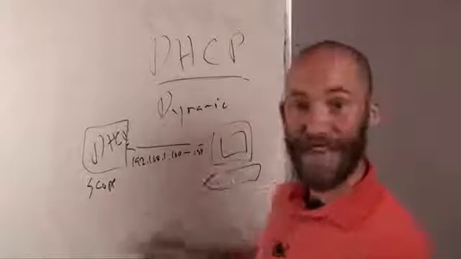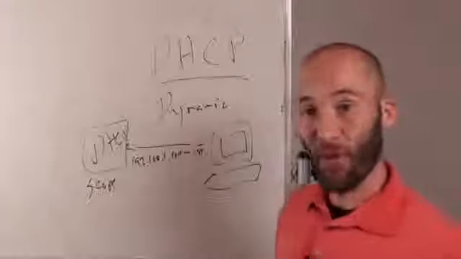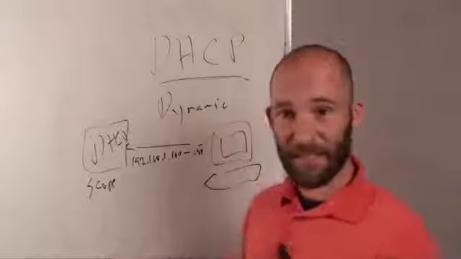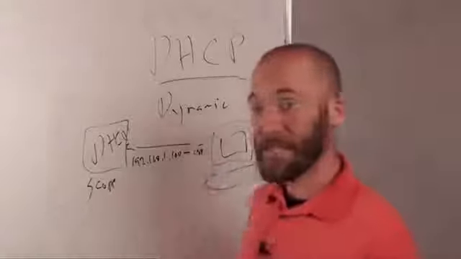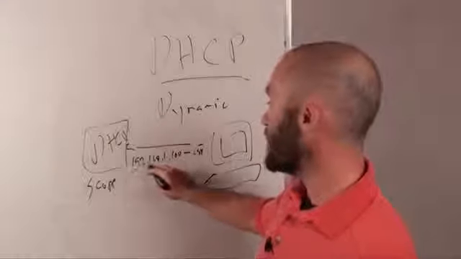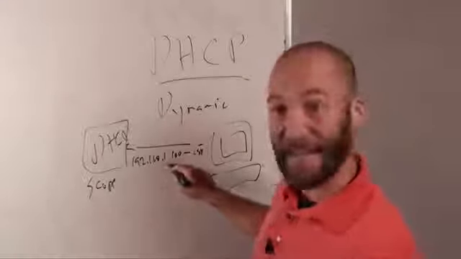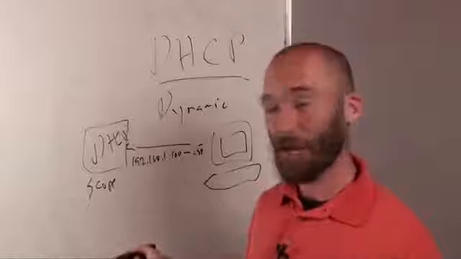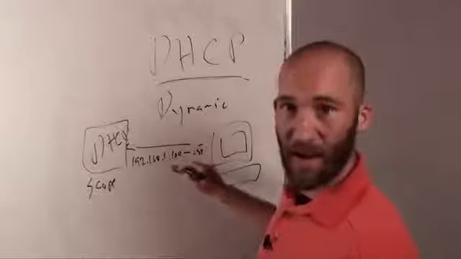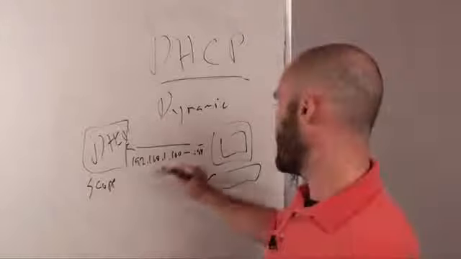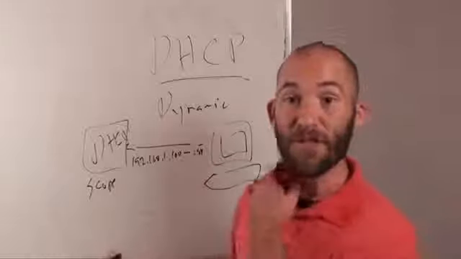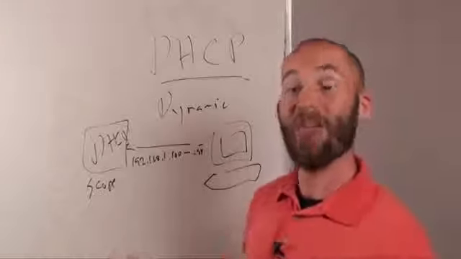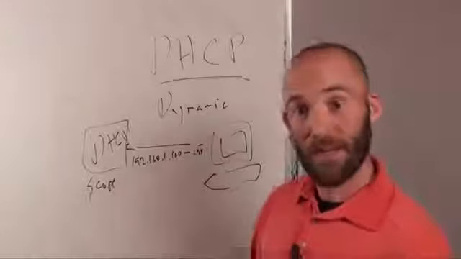So this gives it a scope of 154 IP addresses that this DHCP server can give out. This DHCP server will not give out 192.168.1.99 because that is not within its scope. It will give out .1.105, .210, etc. So the scope is the full range of IP addresses you allow the DHCP server to give out.